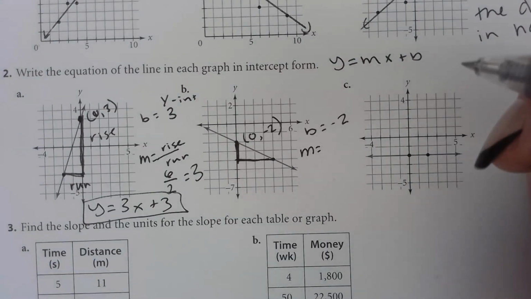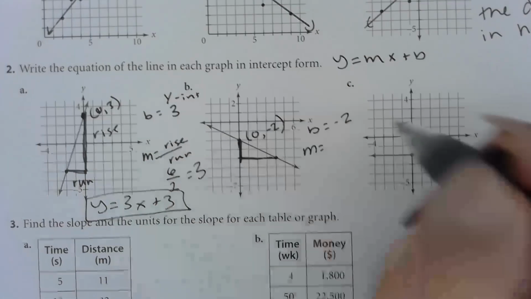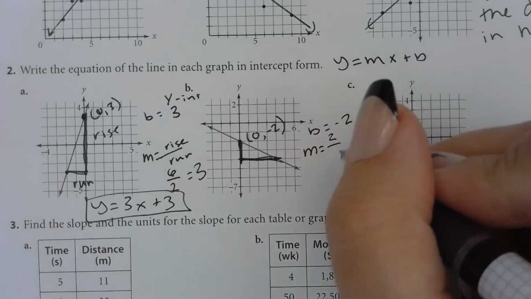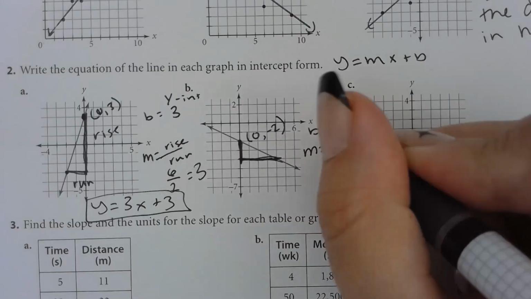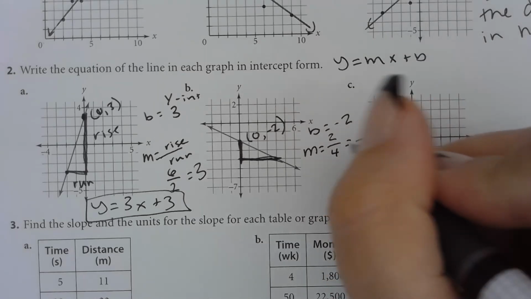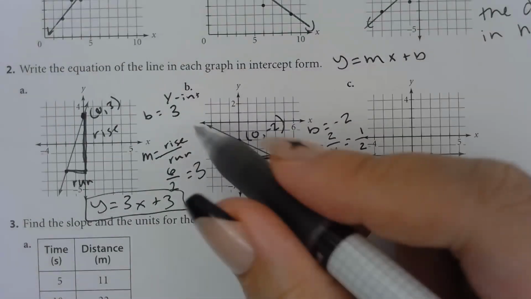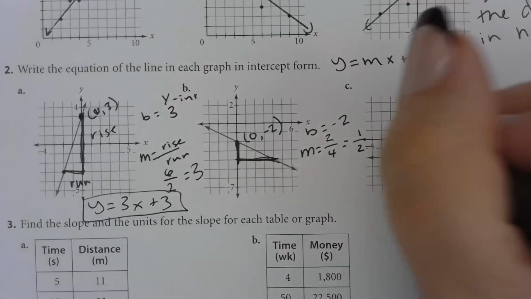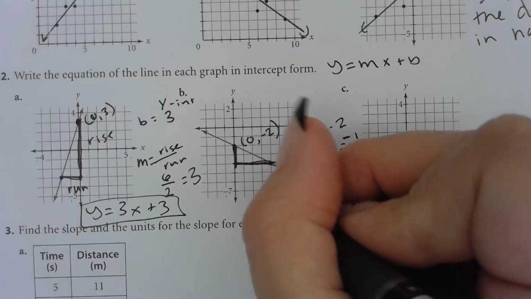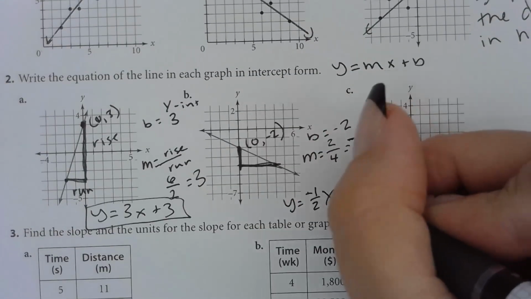You don't apply negative until the end. 2 over 4. 2 goes into 4 how many times? 2 goes into 2 how many times? And this is going down, negative. So we get y equals negative half x minus 2.